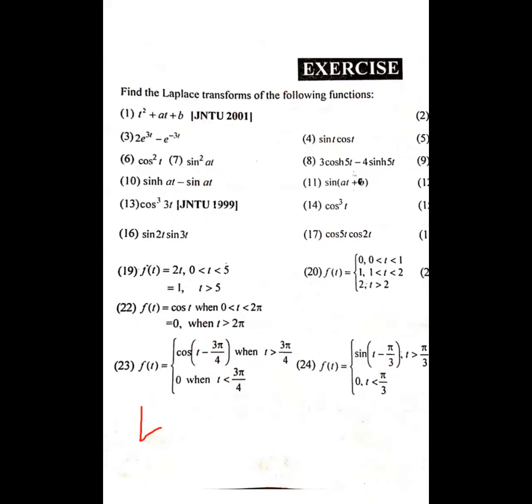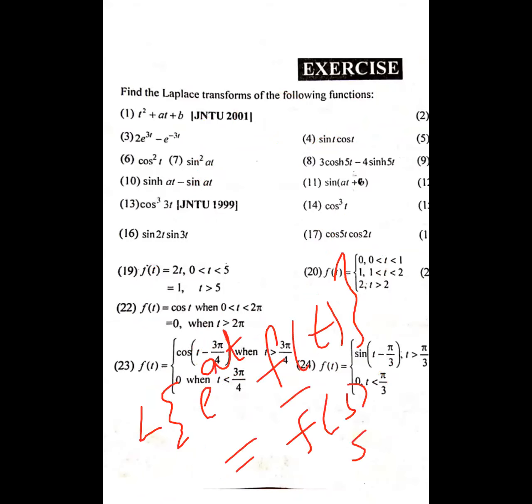So L of e power at into f of t, then we write the resulting value f bar of s, where s tends to s minus a, the opposite of the plus a available. So finally f bar of s minus a. For example, if the question has minus a, we write s tends to s plus a, that equals f bar of s plus a. We calculate two simple problems.